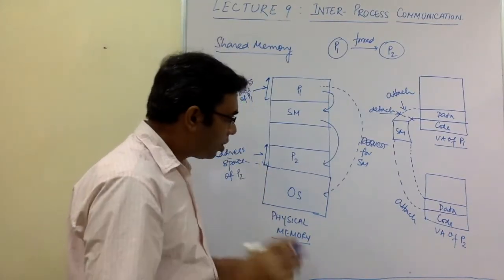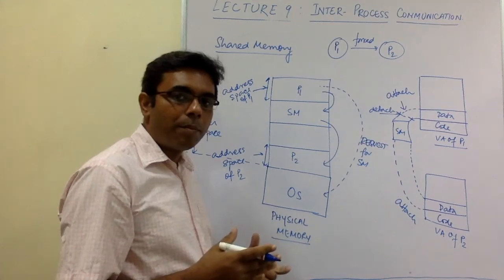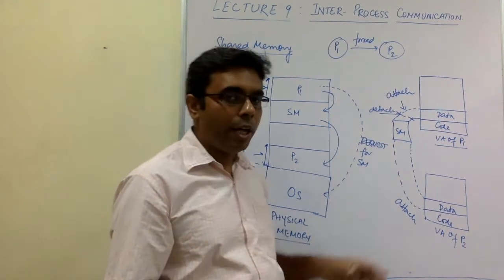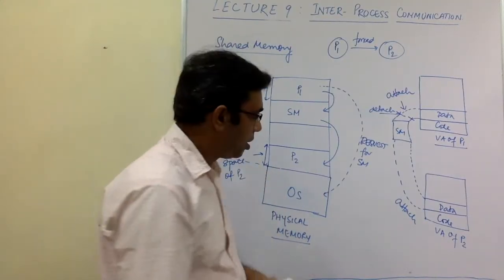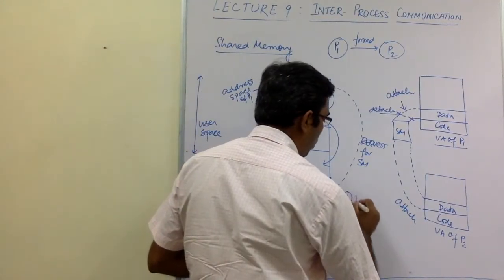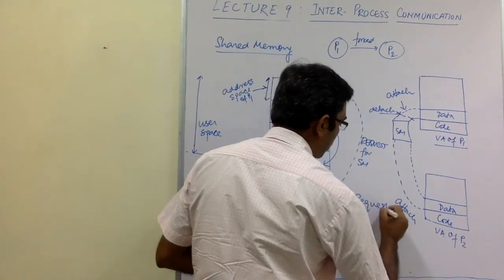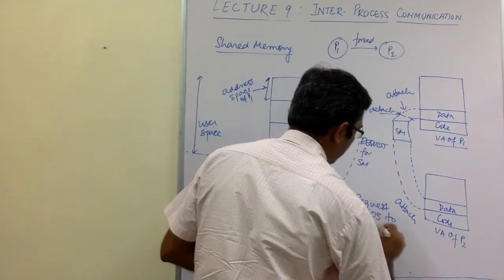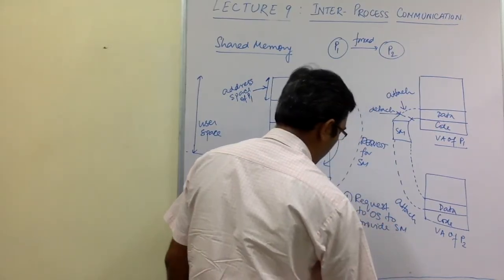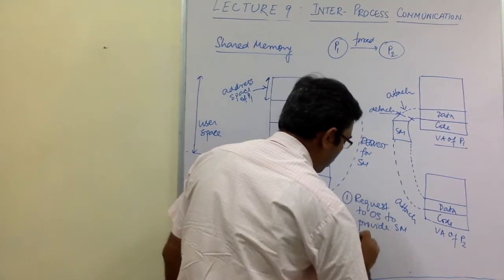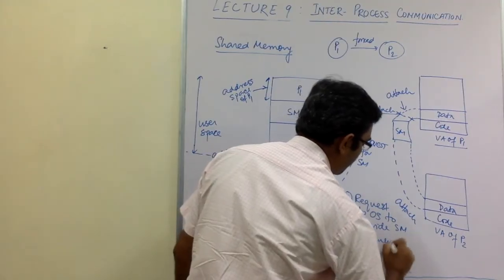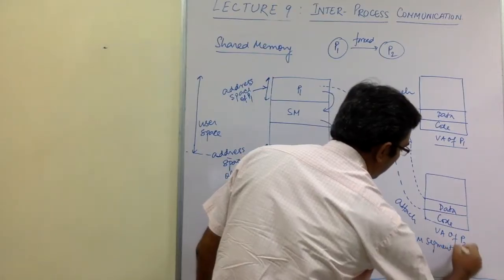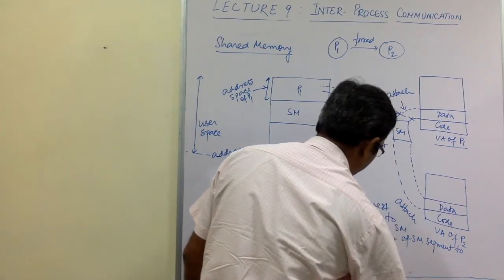So there are three operations primarily which are executed in order to work with a shared memory. Number one, a request to the OS to provide the shared memory. Number two, the attachment of the shared memory segment to the process.